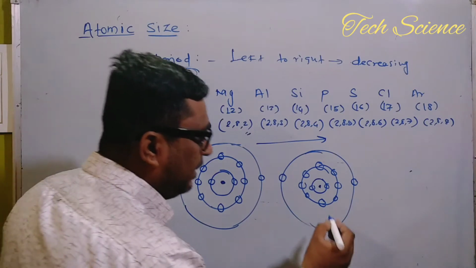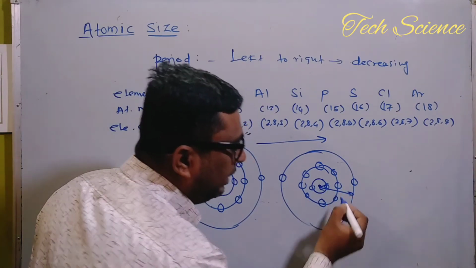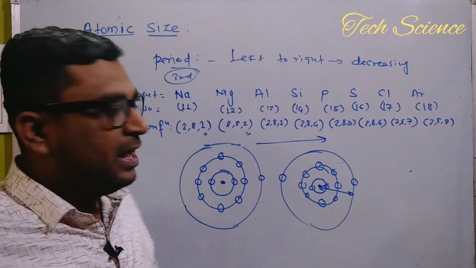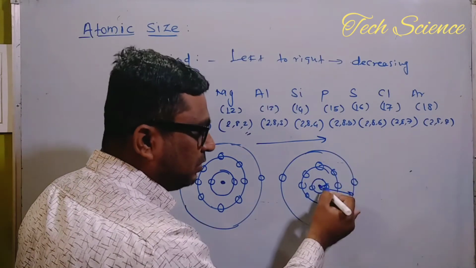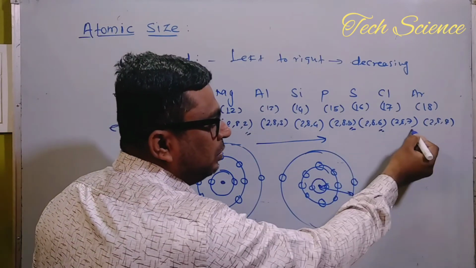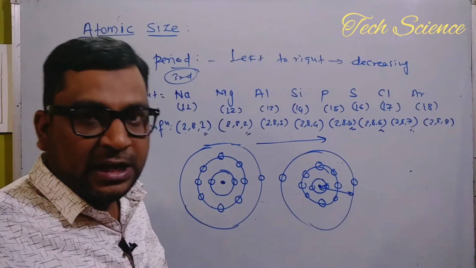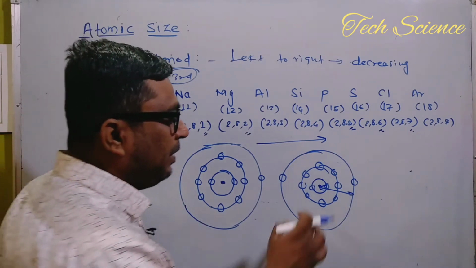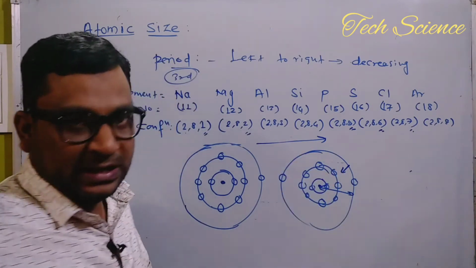And that's why the distance between the nucleus and the outermost orbit goes on decreasing because of the strong force of attraction. Every time as the nuclear charge increases, the number of electrons also increases. It means an increase in positive charge as well as an increase in negative charge. Because of that, there is a strong force of attraction, and because of this force of attraction, the outermost orbit is pulled towards the nucleus.